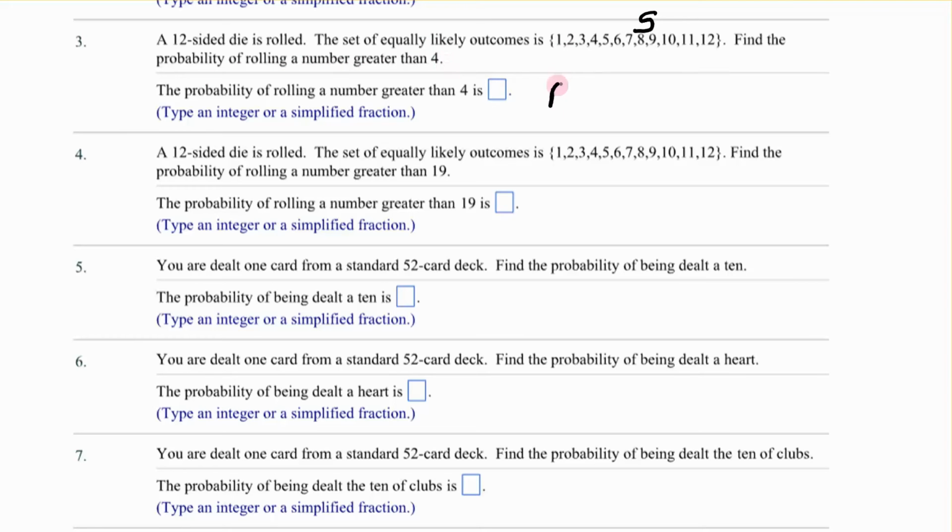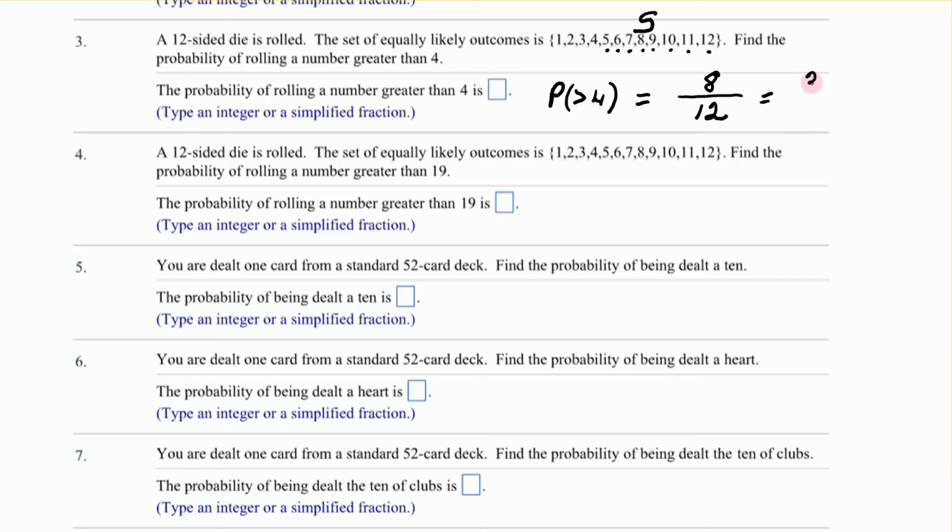Okay, so the probability of greater than 4 is, well, sample space on the bottom, there are 12 outcomes. Greater than 4, that would be 5, 6, 7, 8, 9, 10, 11, 12. There are, once again, 8 ways to get a number greater than 4.